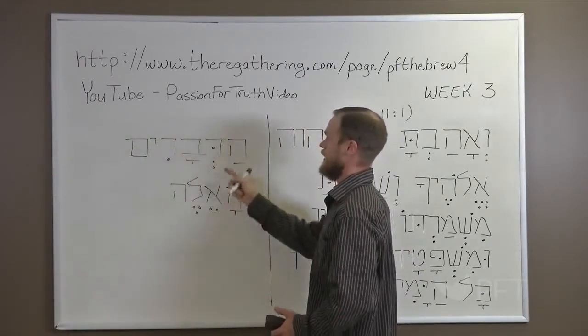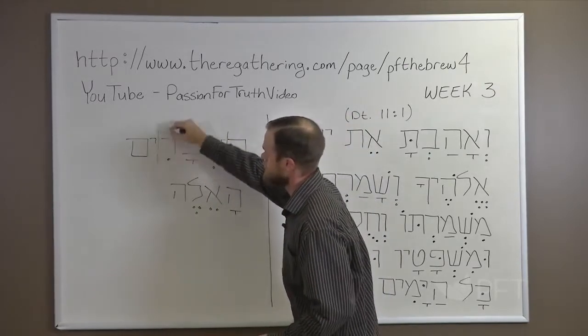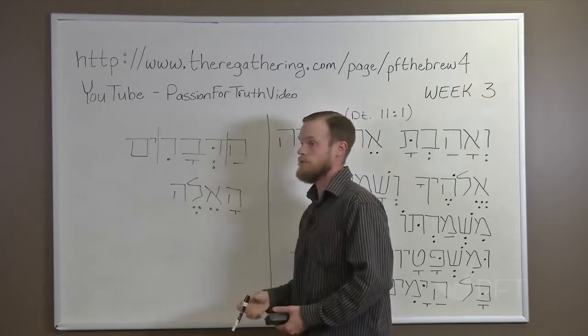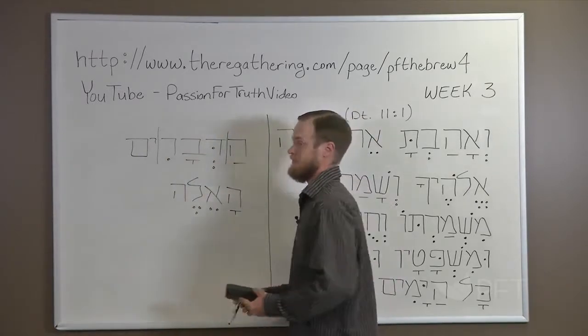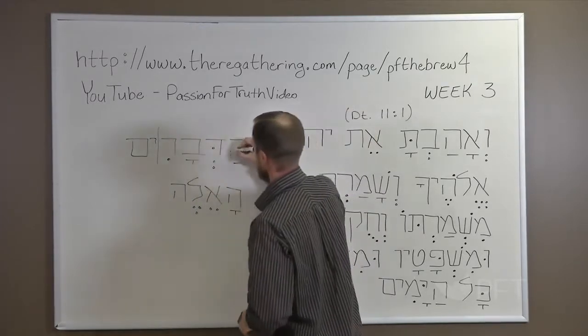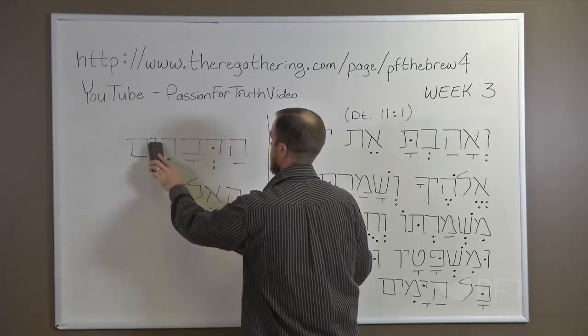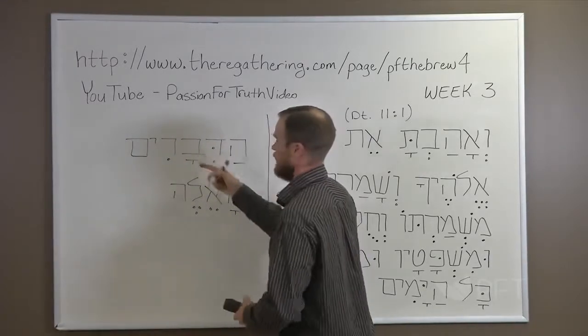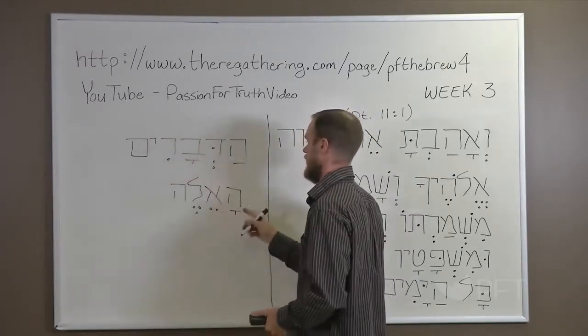Okay, so breaking this down, davar is a word. Davarim is words. Hadvarim means the words, with our hey prefix being the definite article. So what will be? The words will be, but not just the words, hadvarim ha'eleh.